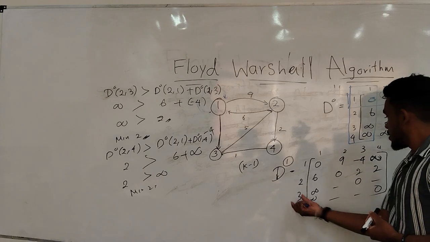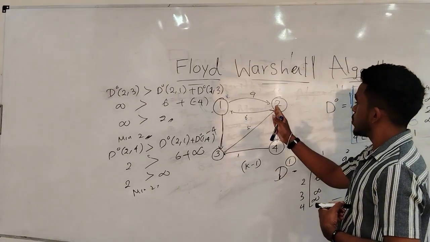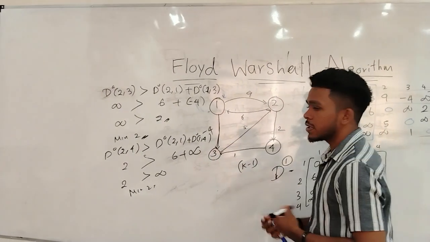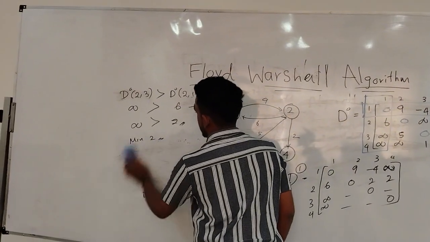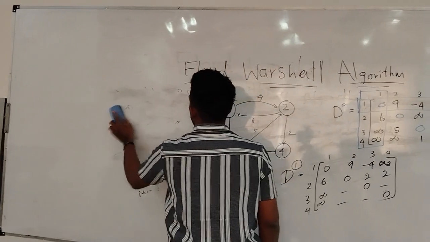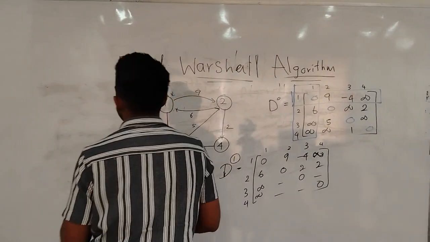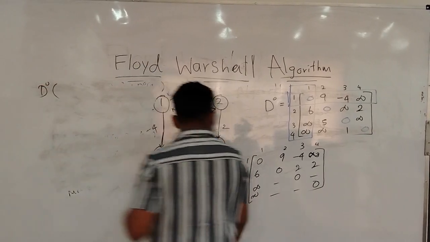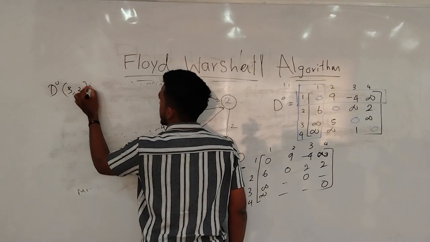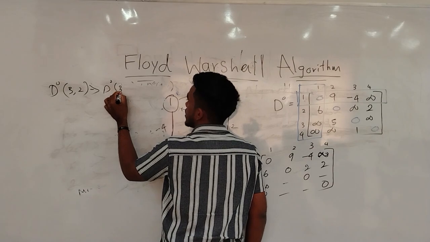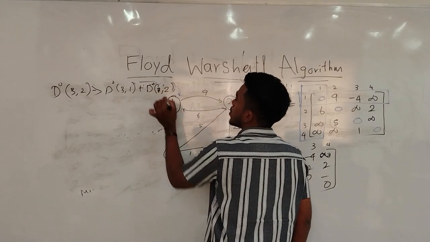Then the third one, the distance from 3 to 2. 3 to 2 means 3 to 1 and 1 to 2. So D naught 3 to 2 is greater than D naught 3 to 1 plus D naught 1 to 2.